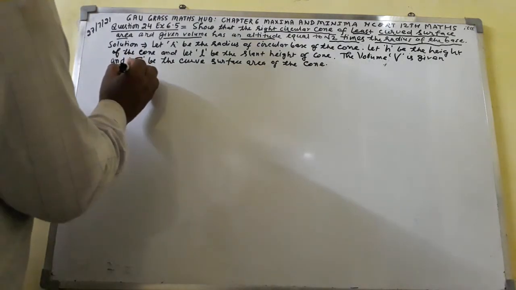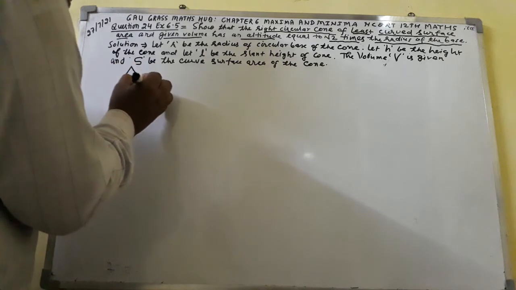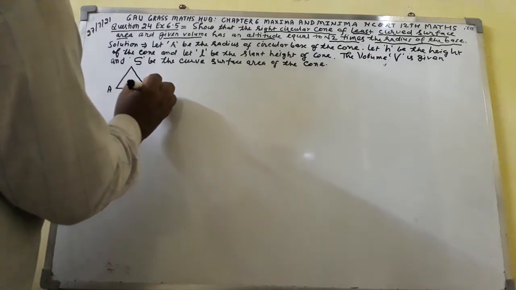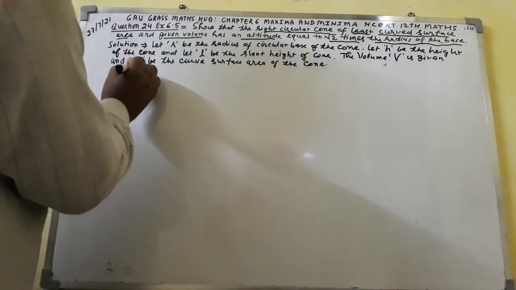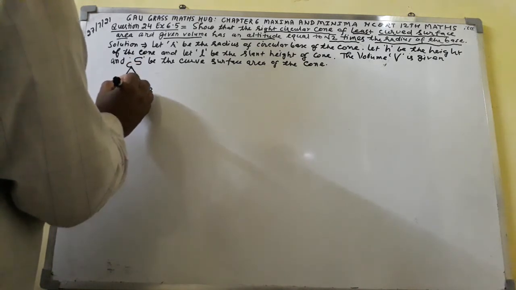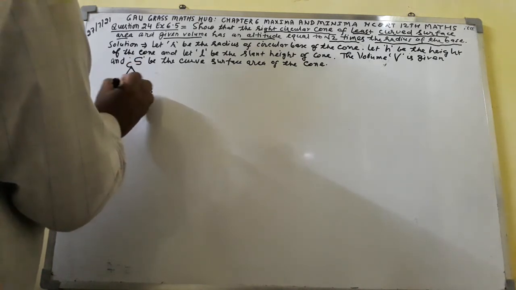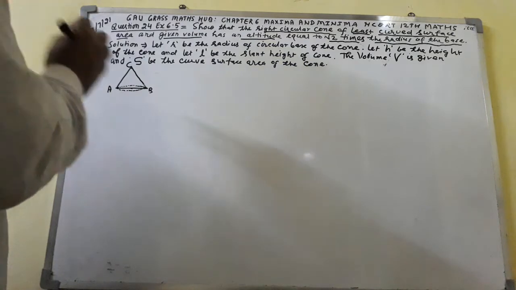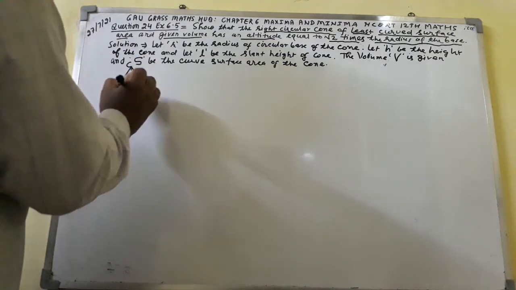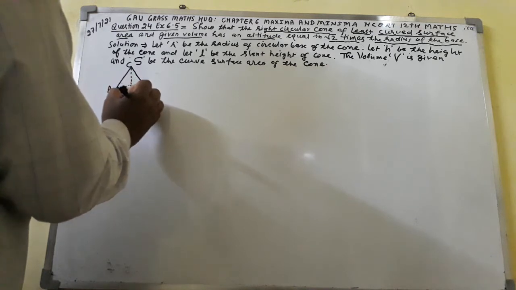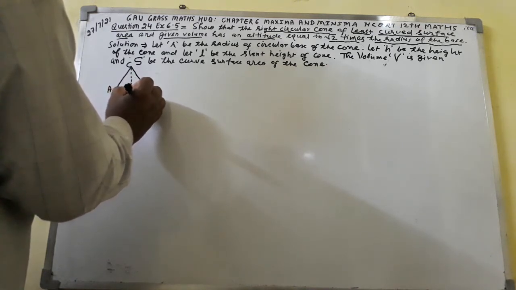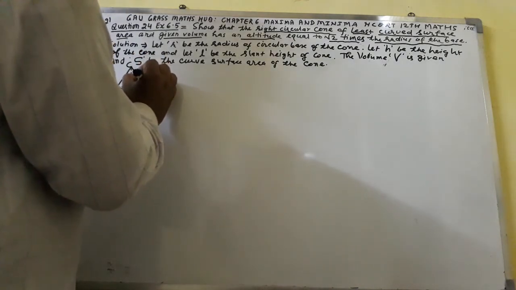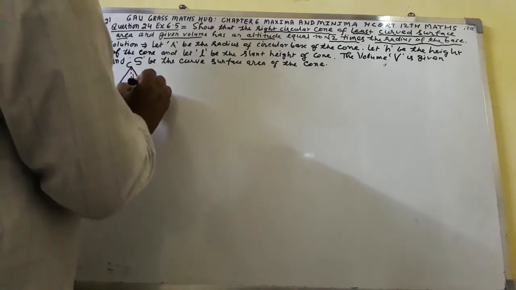You can see here, this is A, B, C, this is O, this length is the slant height L, this one is the height H, this one is the radius R.